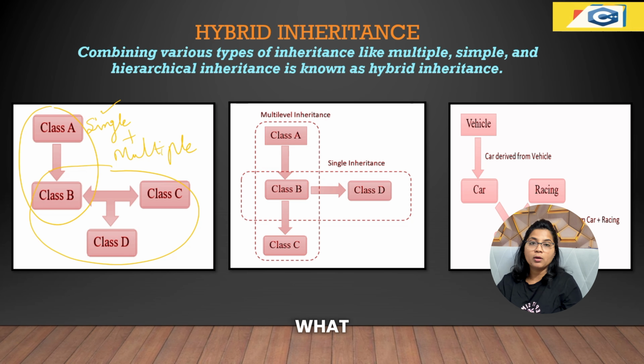Moving on to the next example. Here we are dealing with multi-level as well as single inheritance. Okay, so write down the syntax. I did for class A. Class A, data members, functions.